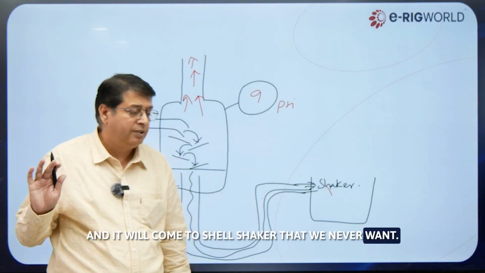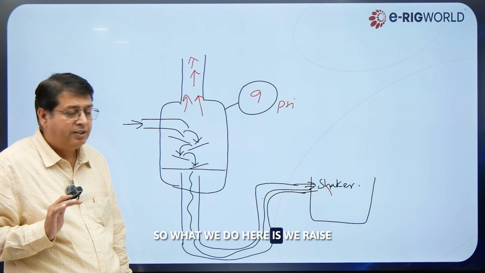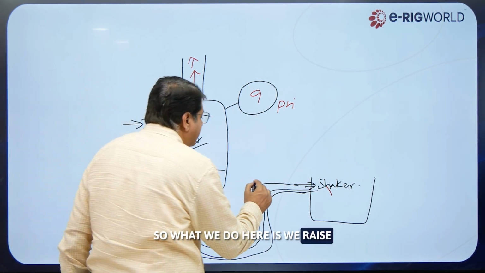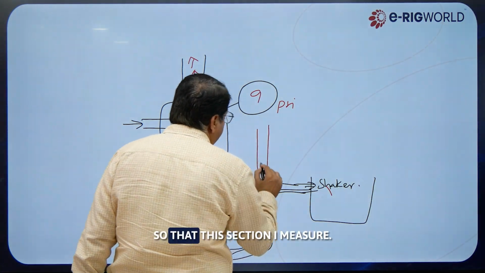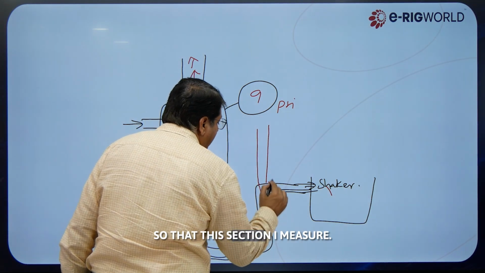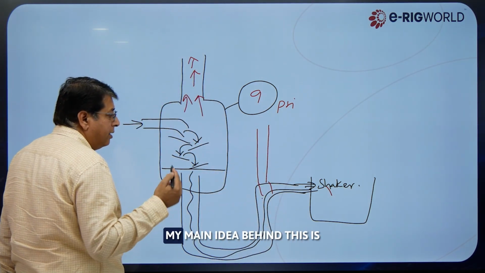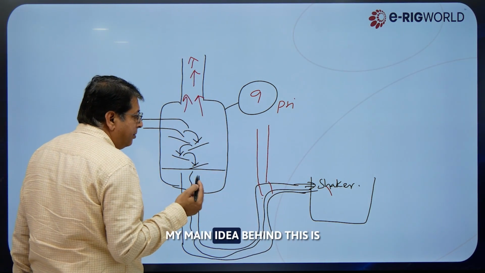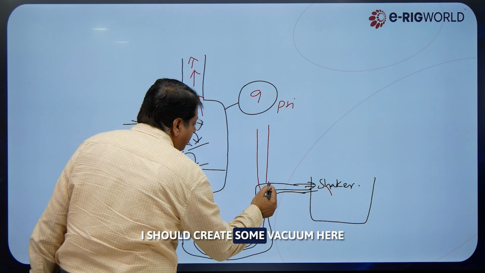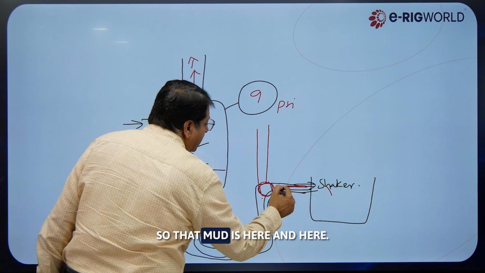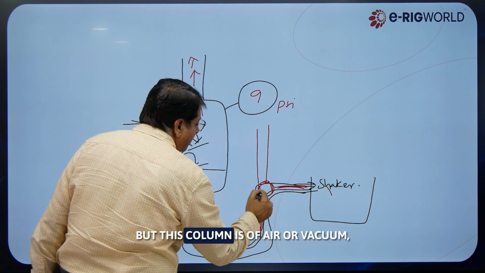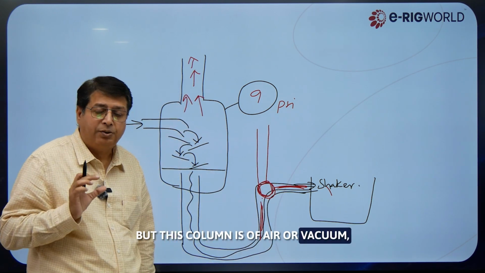That we never want. So what we do here is we raise or add one pipe straight. The main idea behind this is I should create some vacuum here, so that mud is here and here, but this column is of air or vacuum.